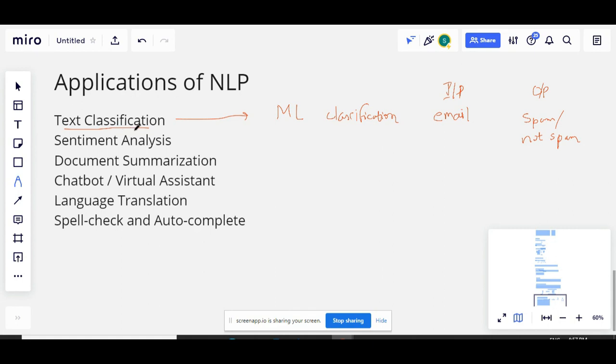Text classification can also be used for classifying customer complaints. For example, customers may have complaints that concern different departments. In a telecom company, there will be certain customers who have complaints regarding the network, some technical issues.